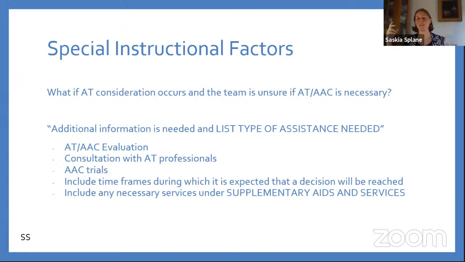So you might say additional information is needed and trials are ongoing. You'll just put in whatever it is that's happening at the moment. Obviously include timelines if there is something in the mix, like trials or whatnot. And you can include any necessary services under supplementary aids and services, which we'll talk about later, if it falls under that.